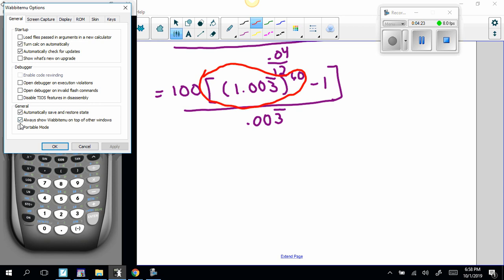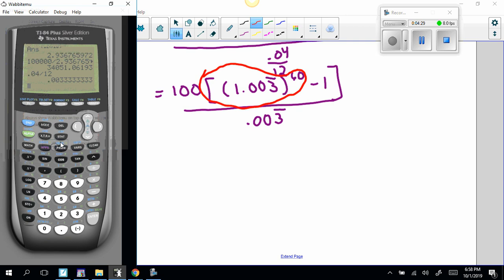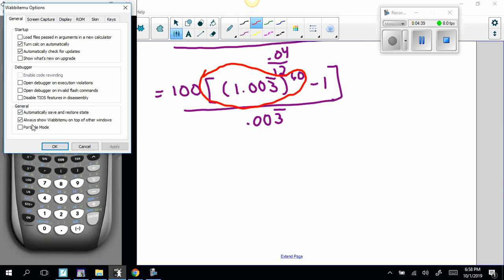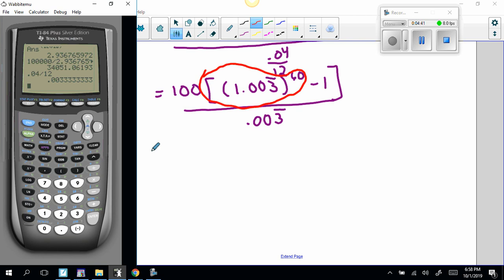Options, always show on top of other windows, apply. I don't know why it keeps going away. Okay, anyway, plus 1, so raised to the 60th.